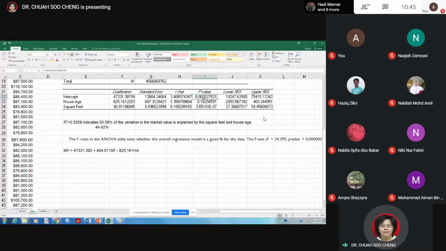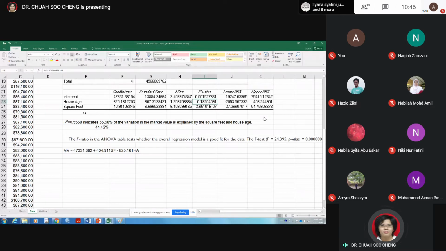Second, whether it is significant or not significant. It means, can it really significantly explain the market value? We look at the p value. For house age it is 0.182. The p value is greater than 0.05.